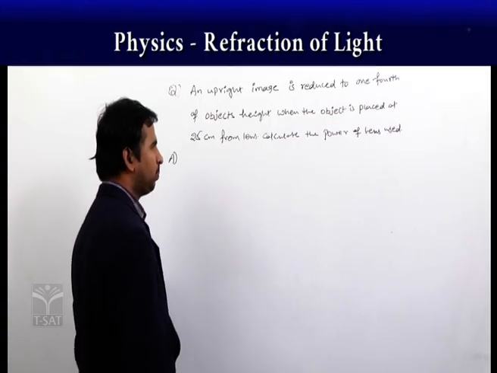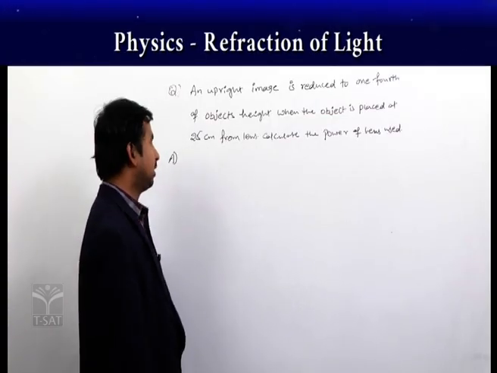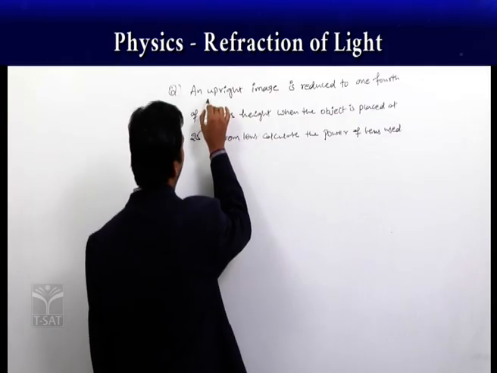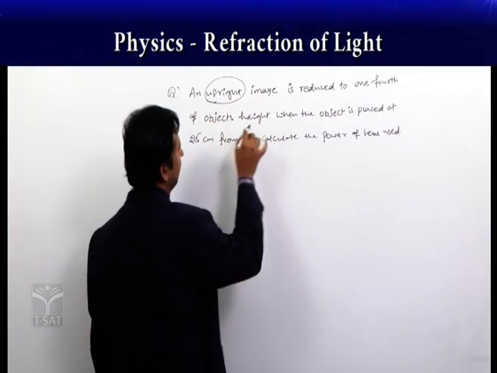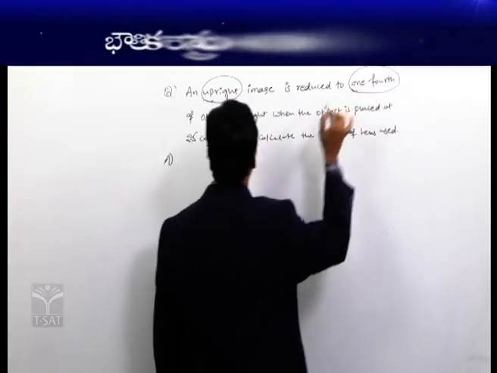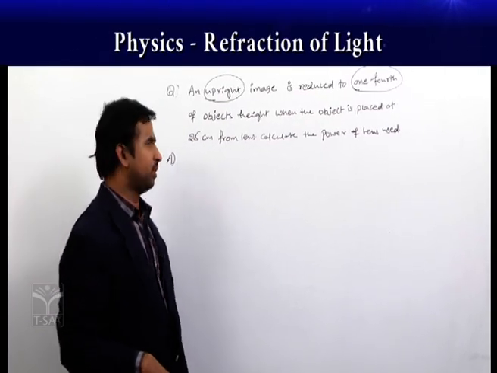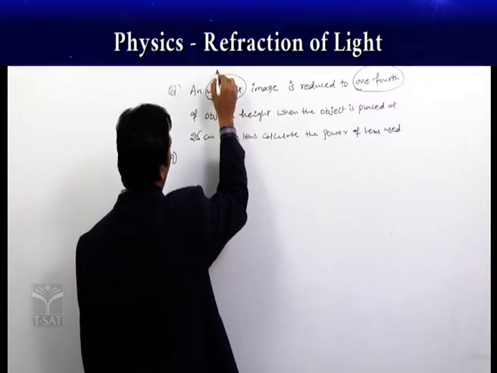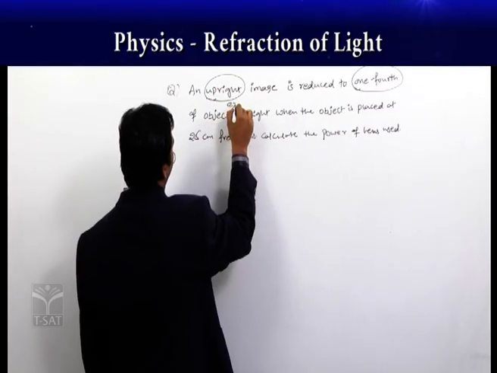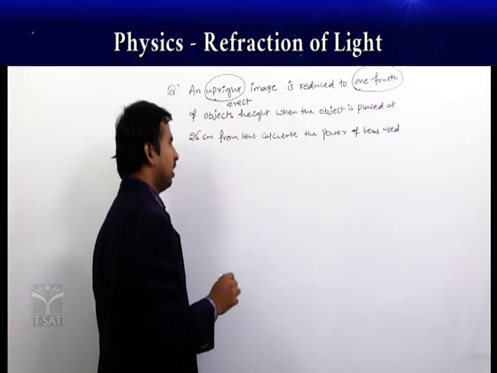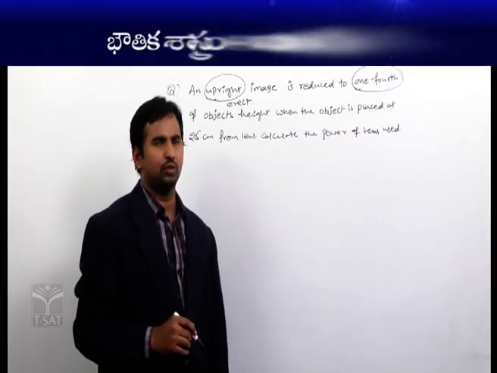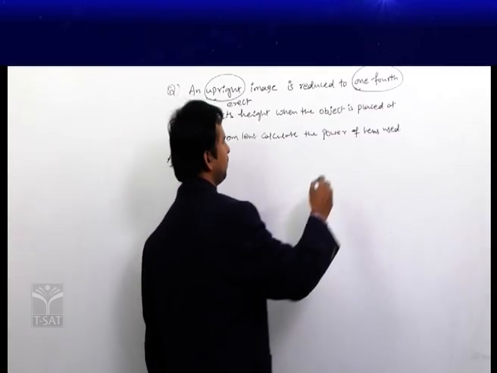They didn't give any particular lens here, and another important thing is it is forming an upright image, and the size is, if you see, 1/4 of the object. Upright image means the erect image, which is virtual. Not only that, size is 1/4, which means it is a diminished image.